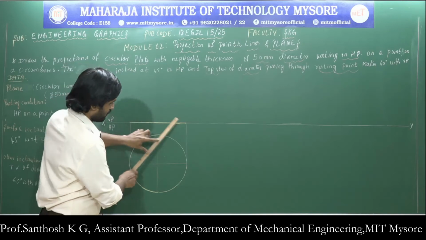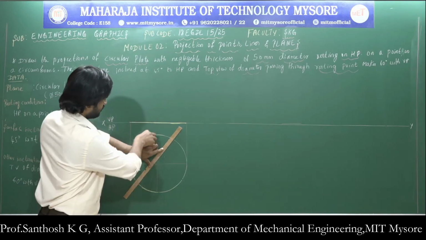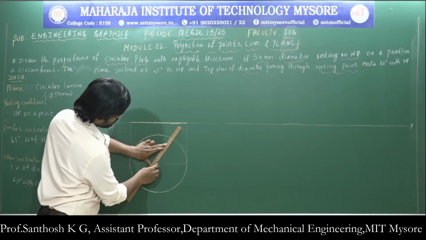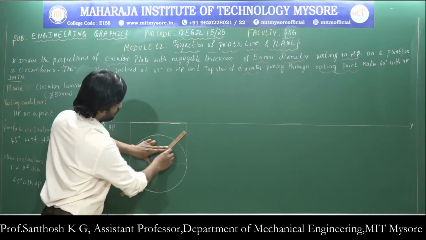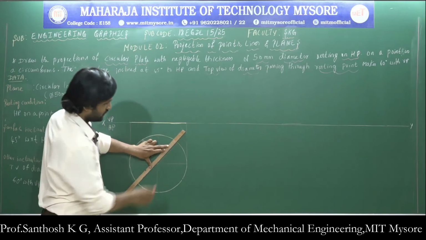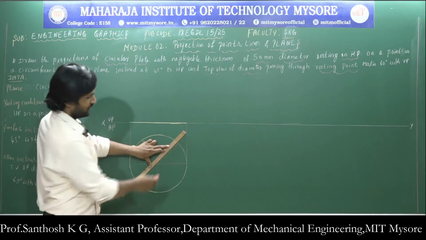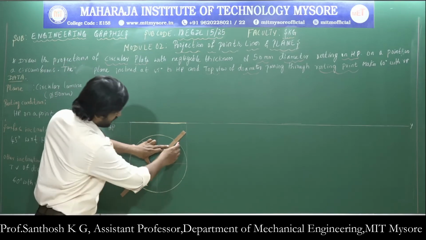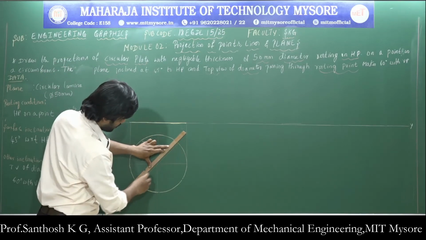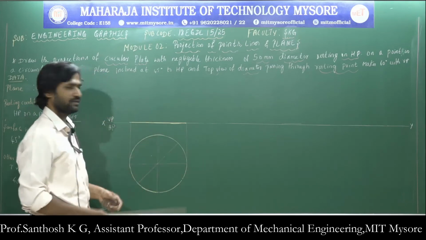Now I am going to join the center of the circle to this point, and I am going to extend that line. So this line represents a line which is inclined at 45 degrees to this horizontal line. Again I am going to extend this line in the backward direction.